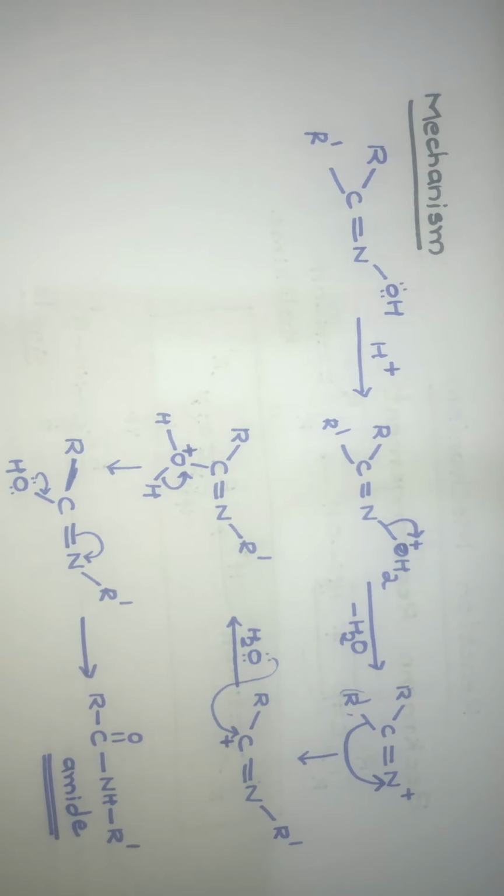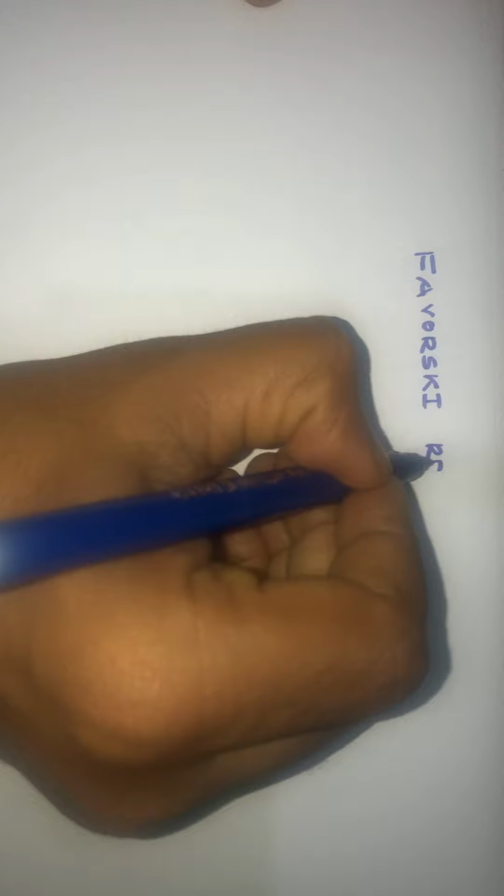So this is the Beckmann rearrangement that takes place. This is one of the very important rearrangements that occurs. There is another important rearrangement, that is the Favorskii rearrangement.